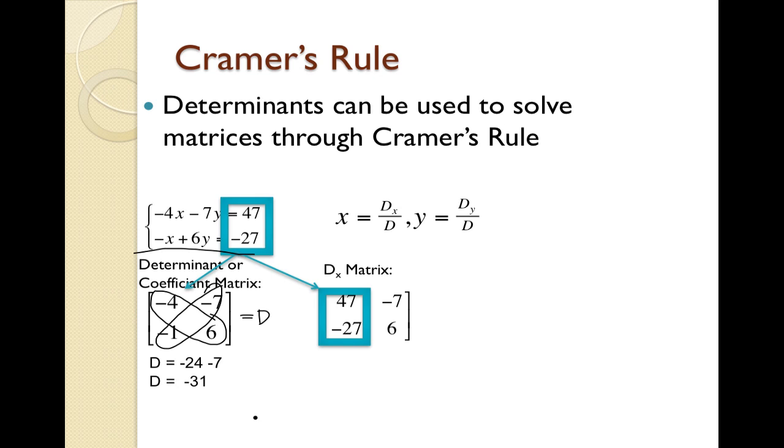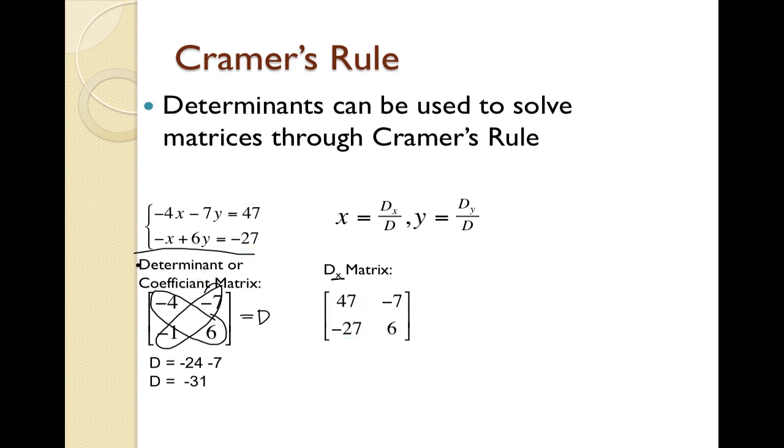So instead of negative 4 and negative 1 like our coefficient matrix, we replace that with our answers in the same order: 47 and negative 27. This is our Dx matrix because we replaced the coefficients for our x variable.